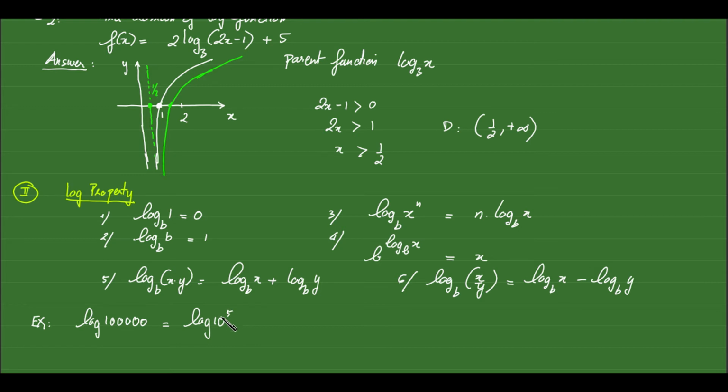Then I apply the third formula. The base b over here is 10, so I can drop down the exponent and write this as 5 times log base 10 of 10. If the base and the argument are the same, I can use the second property to write it as 1. So this is equal to 5 times 1, which equals 5.